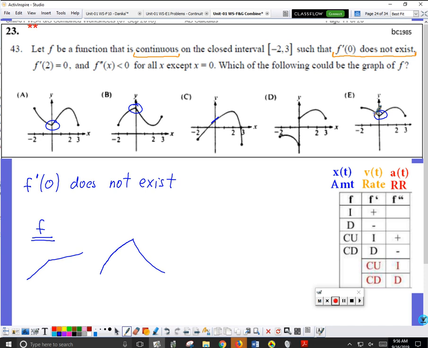C cannot be the correct answer, because they're asking which of the following is a graph of f, and we're supposed to find an f where there isn't a slope at 0. This f has a slope at 0. B does not have a slope at 0. That's good, we don't want a slope at 0. D also does not have a slope at 0 due to the corner. So that's good.